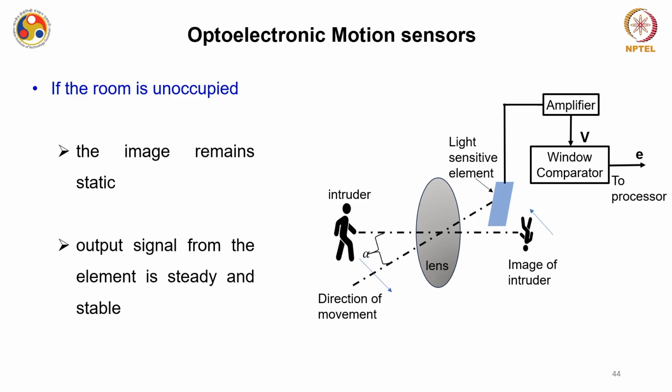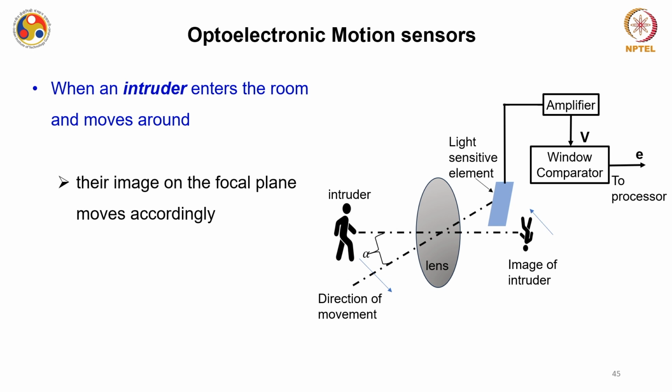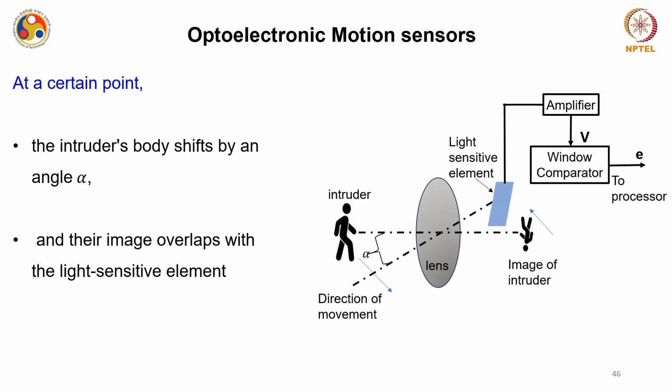The output signal from the element is steady and stable because there is no change in the electrical signal. Now when an intruder enters the room and moves around a little bit, their image on the focal plane starts moving, depending on how he is moving, at what angle he is to this lens system, and how things are varying at the focal plane.